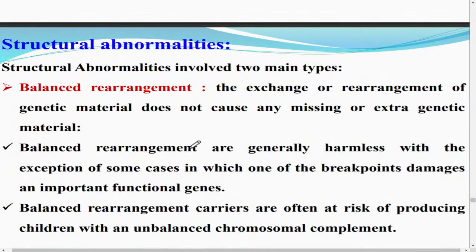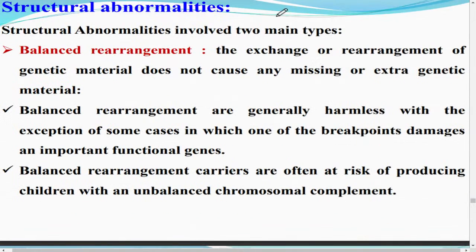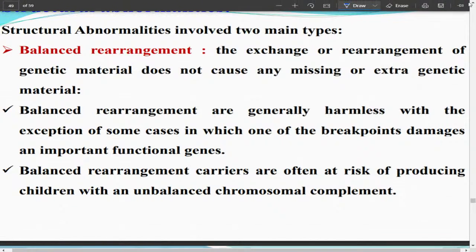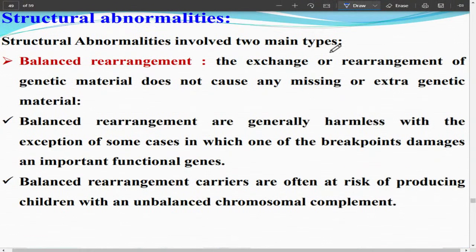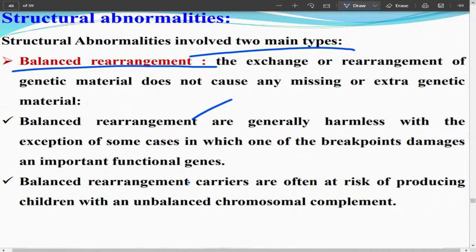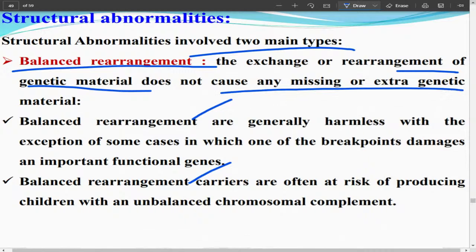Moving to the next slide, continuing structural abnormalities, involving two main types. The balanced arrangement, which also includes two types. The exchange or arrangement of genetic material does not cause any missing or extra genetic material.